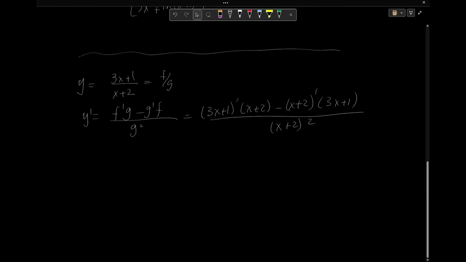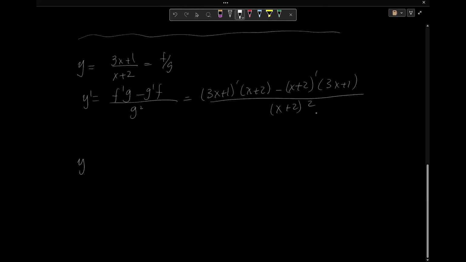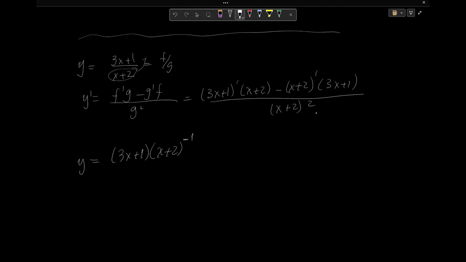But what we can also do sometimes in some problems, maybe not in this one, but in some problems, I can rewrite y as 3x plus 1 times x plus 2 to the negative 1. Right? I bring this up. And now what do I have? I have a product. Here's f, here's g. So y prime equals now f prime g plus g prime f.